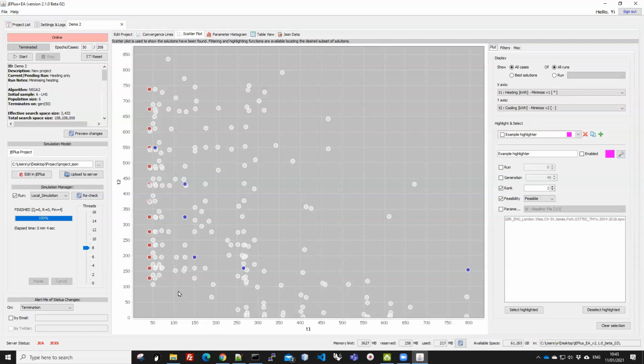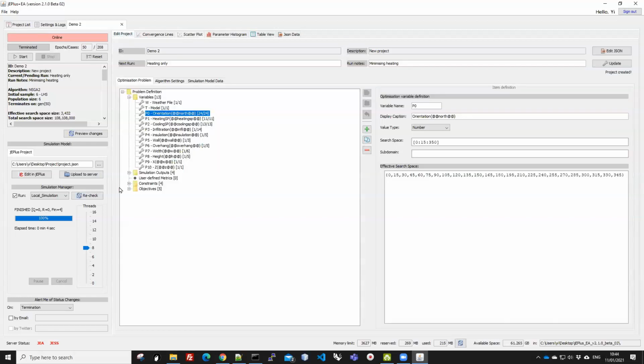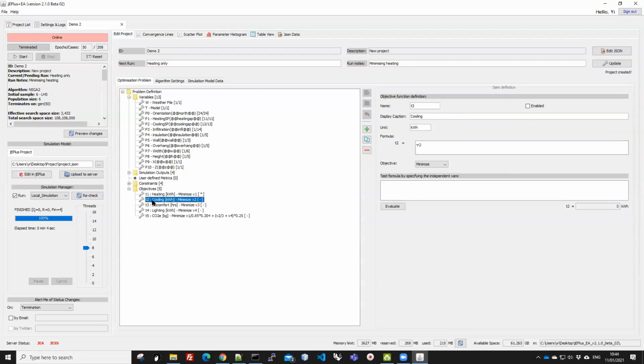And to get that set of solutions, we need to enable one more objective and run the optimization again. Now we have two objectives in play, and this becomes a proper multi-objective problem. So let's see what that will give us.